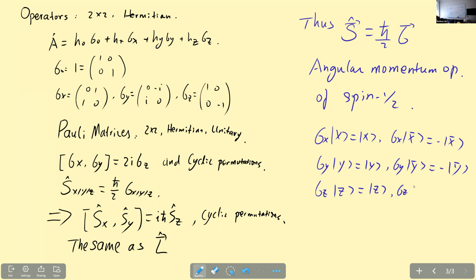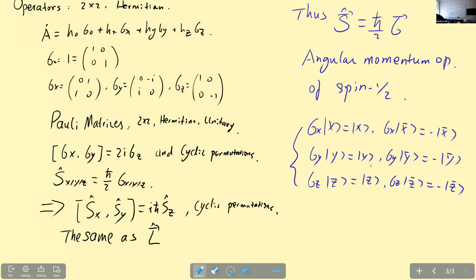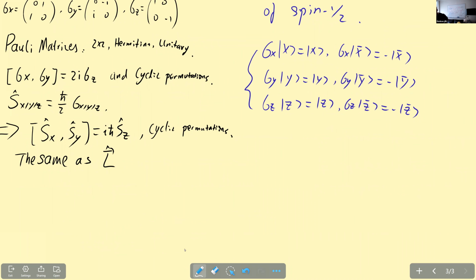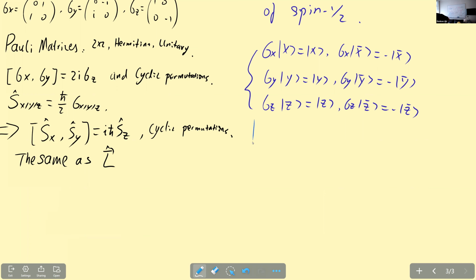And sigma z acting on z bar equals minus z bar. So that means the Pauli matrices is just the same as this magnetic dipole.